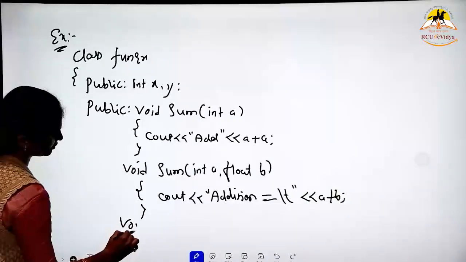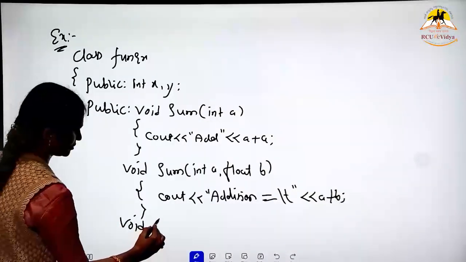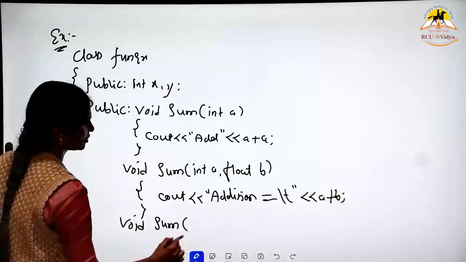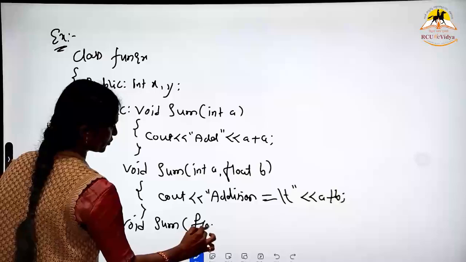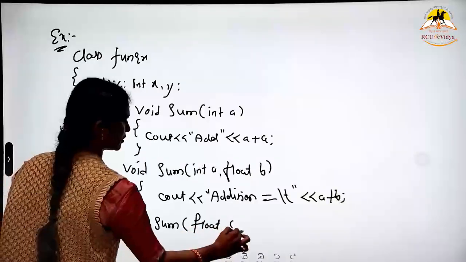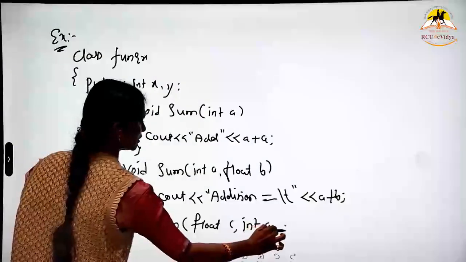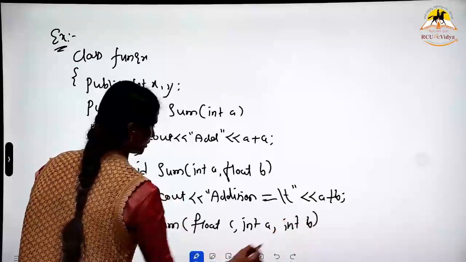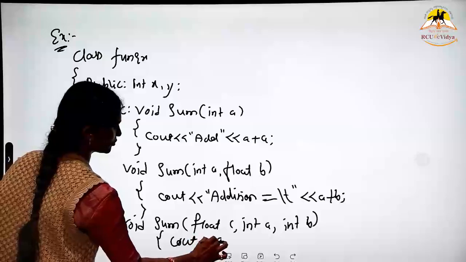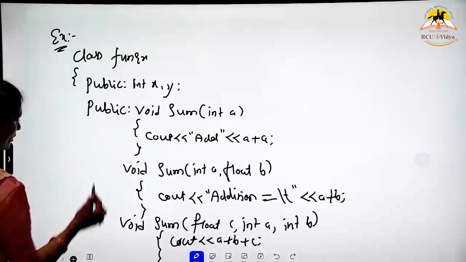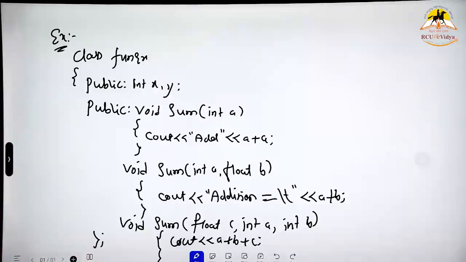Then one more I will take. The place of arguments can be changed: float c, int a, int b. There are three arguments over here. Cout addition equal to a plus b plus c. Closing with this.